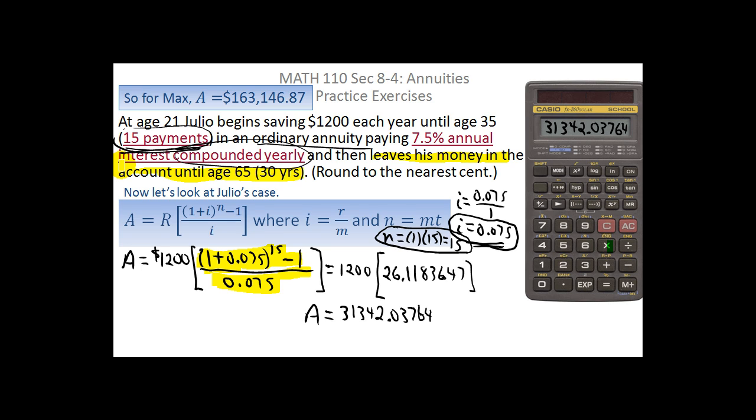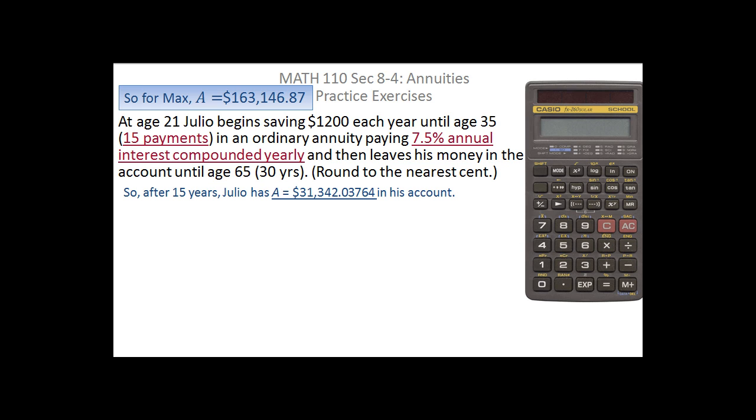But that money then stays there for another 30. So let's remember that number, but make some more room. This is the result of the calculation I just did, but that's just after 15 years.